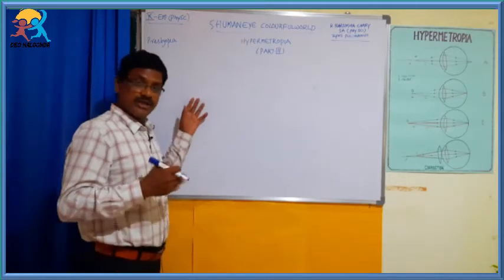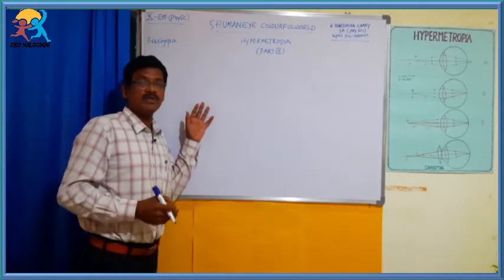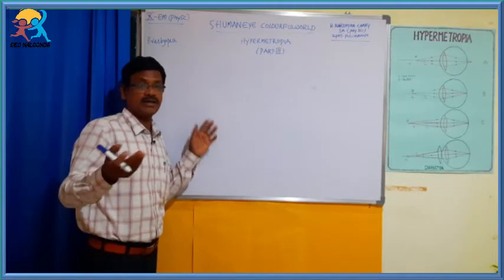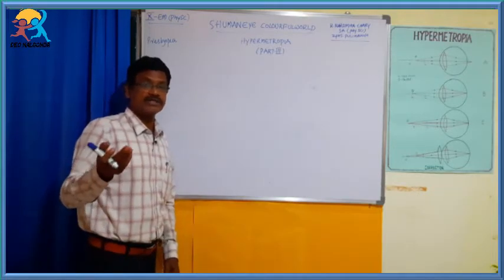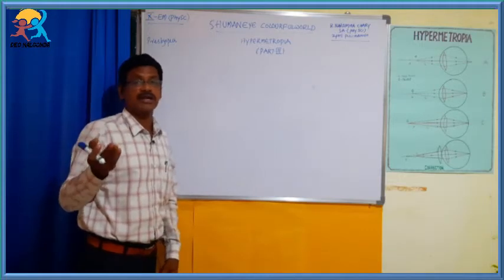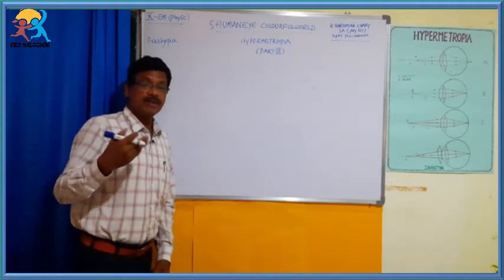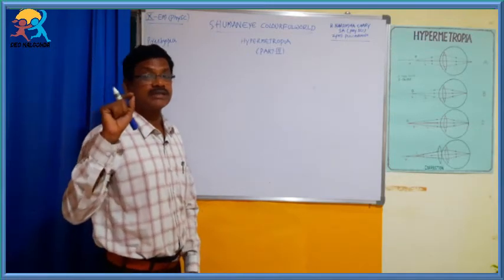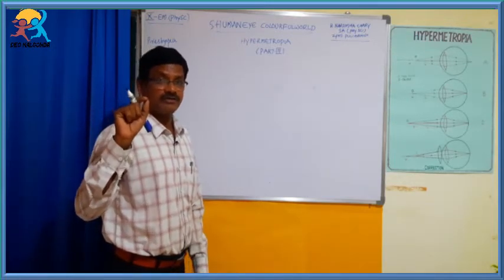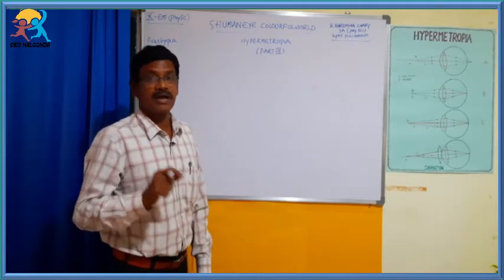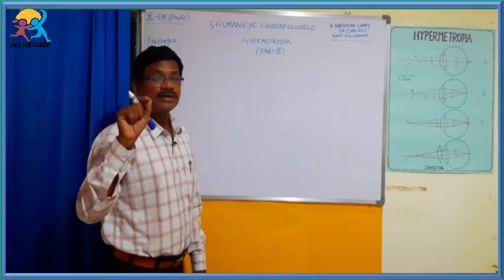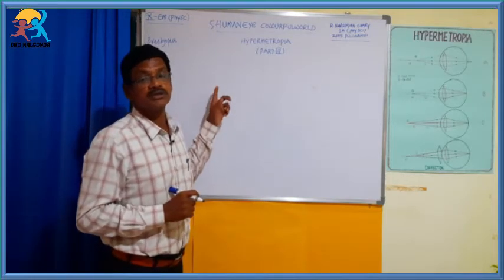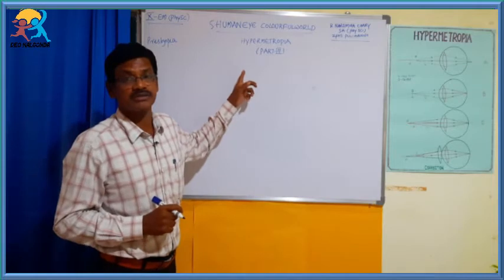You might have seen people going to the eye specialist, the eye doctor, saying that their vision has decreased or they are not able to see objects clearly. When people consult the doctor, the doctor checks the eyes for what kind of defect the eye has and recommends a suitable lens that suits the eye vision.